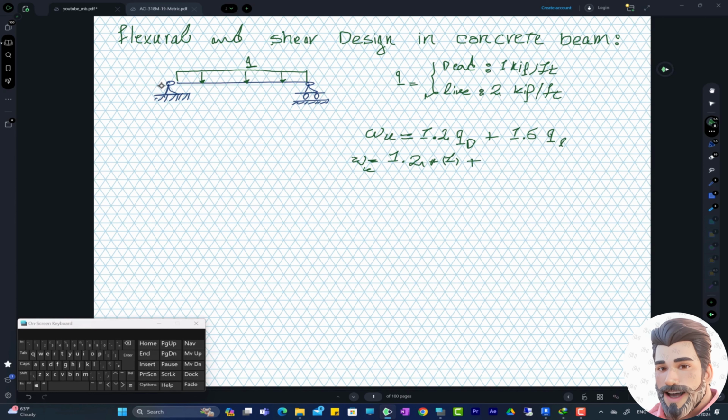Now we calculate the factored load, and the factored load is 4.4 kips per foot. In this example, all of the units are UK units.